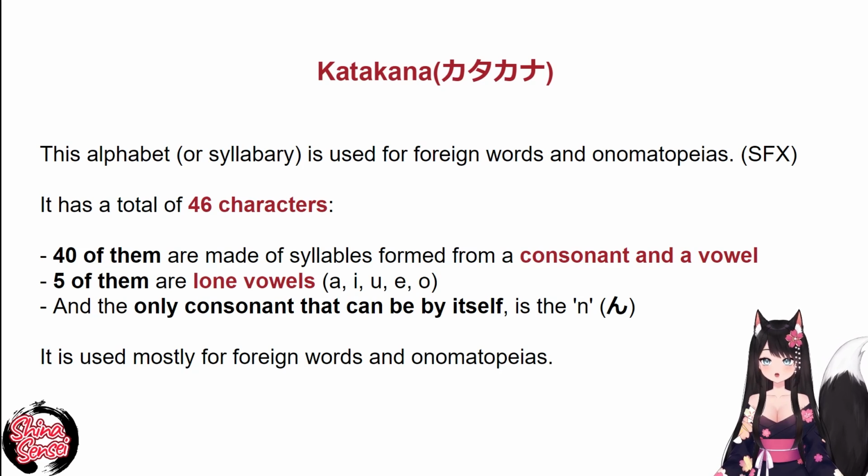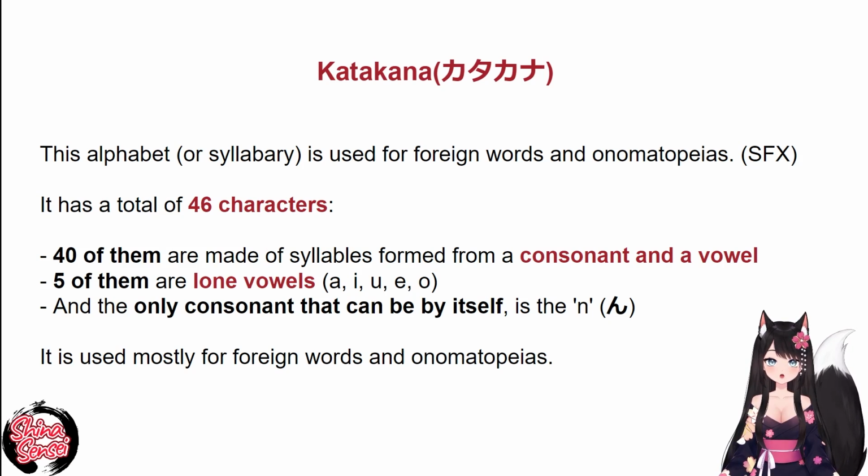It is mostly used for foreign words and onomatopoeias. Remember, I want to stress this because it's not like you're going to be writing in katakana randomly or anything. It's just for some specific words that you're going to be using. For example, your name, unless you are, of course, Japanese, in which case you probably use kanji.